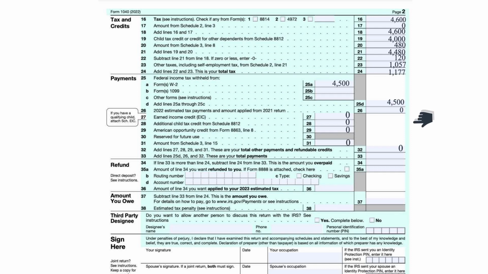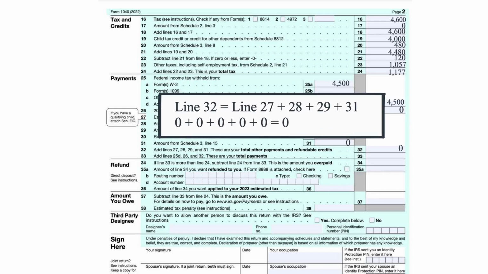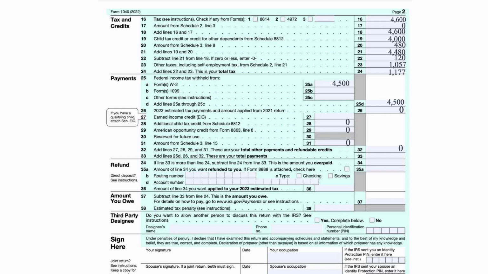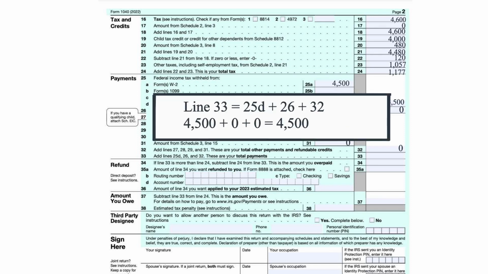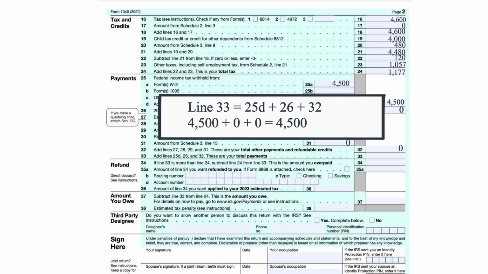Line 27 to 31 was filled out previously in the tax credits video, so we're going to skip that. Going to Form 1040 line 32, add lines 27A and 28 through line 31. This equals 0 here. On Form 1040 line 33, we're going to add lines 25D, 26, and 32. And this equals 4,500 here.